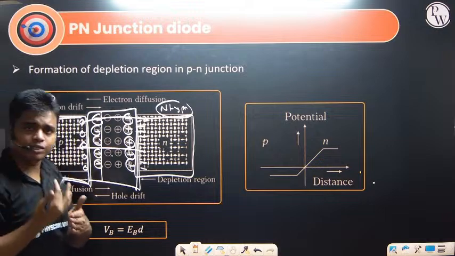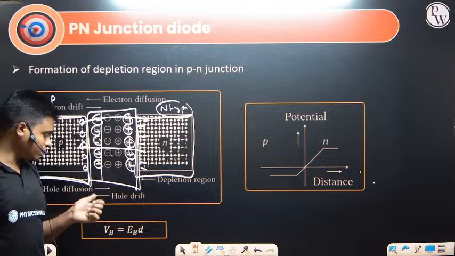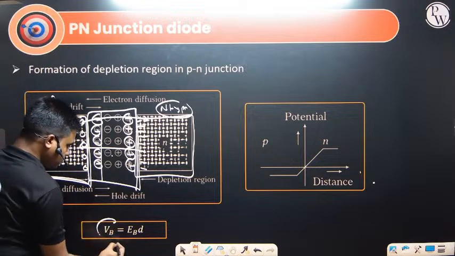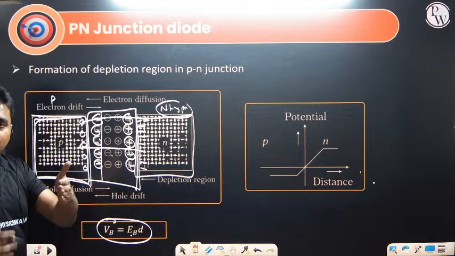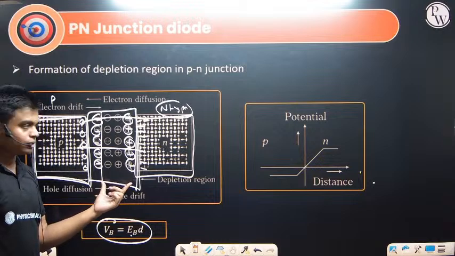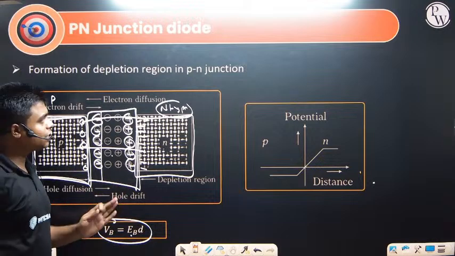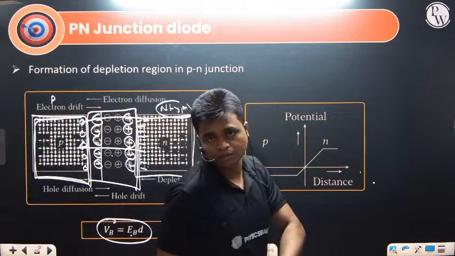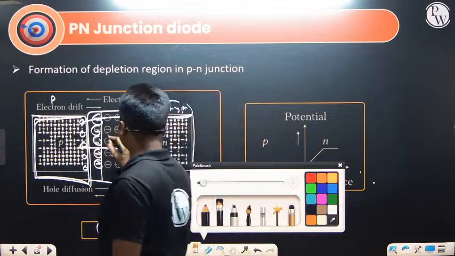Whatever the potential difference created between n-type and p-type, n-type will always be at higher potential and p-type at lower potential, and that is given by this relation, where EB is the electric field in the depletion region and D is the width of the depletion region. Because of this electric field, further diffusion is not possible. The electric field is created in such a manner that it stops further diffusion.